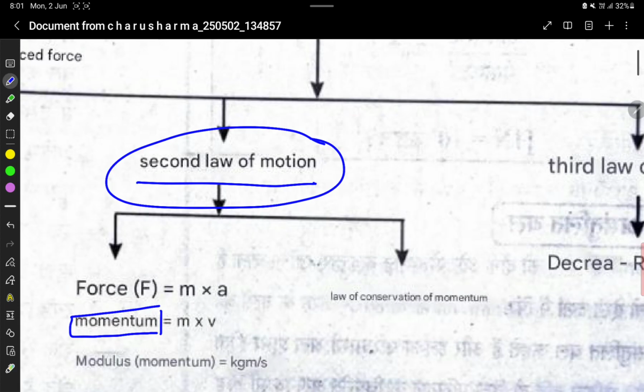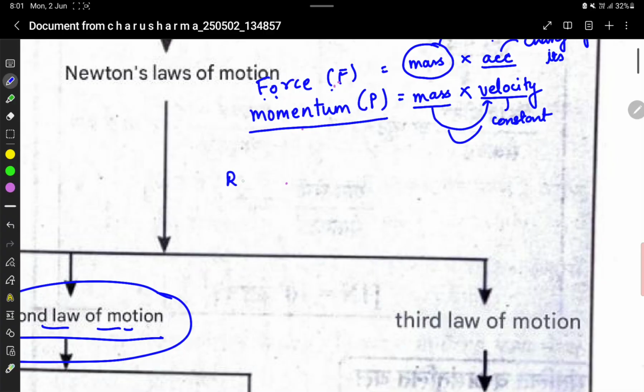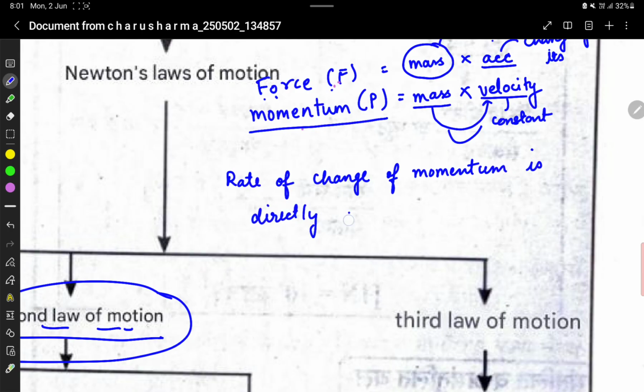Now understand this. What does the second law of motion say? The second law of motion says that the rate of change of momentum is directly proportional to the force.